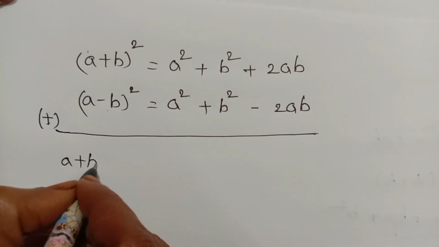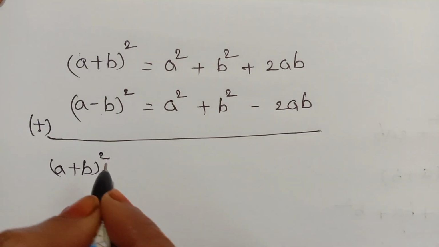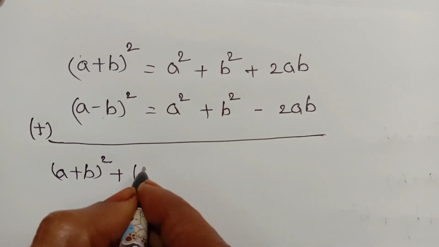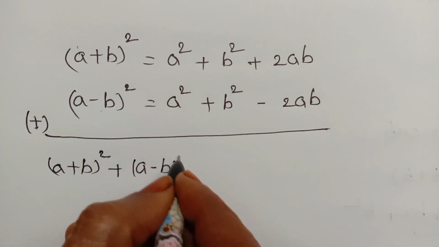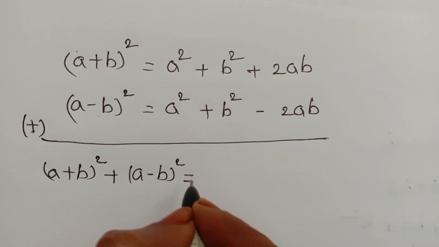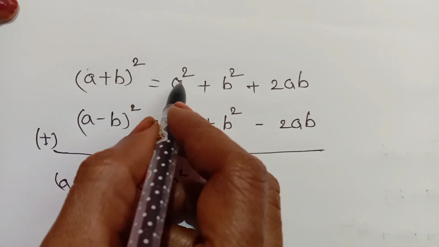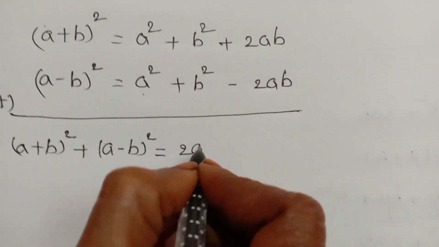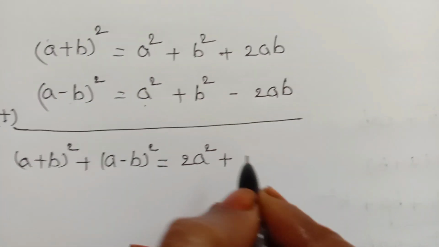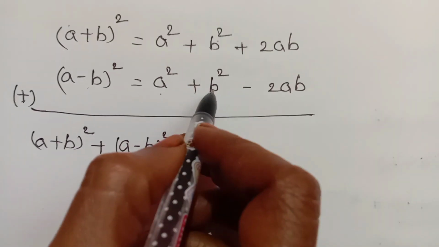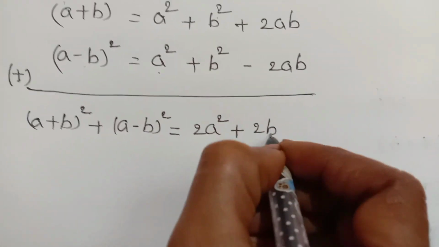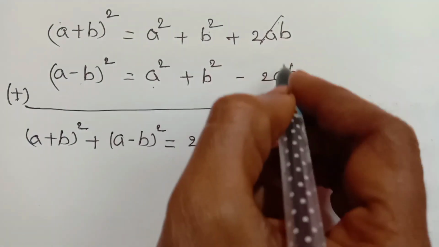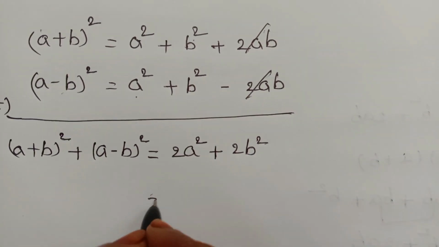(a + b) whole square plus (a - b) whole square is equal to a square plus a square, 2a square, plus b square plus b square, 2b square, plus 2ab minus 2ab cancel.